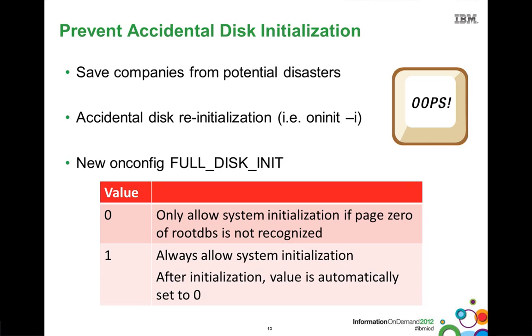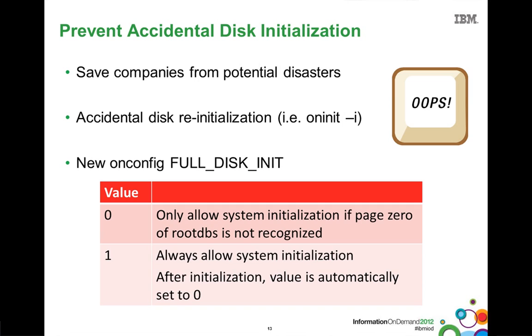And I'm sure for everyone that gets called into support, there's probably a few of them that don't call into support. So there is a new onConfig parameter, and it's called full disk init. It has two values, 0 or 1.